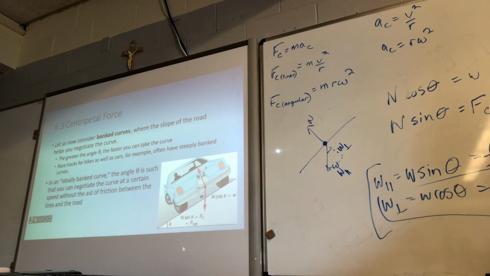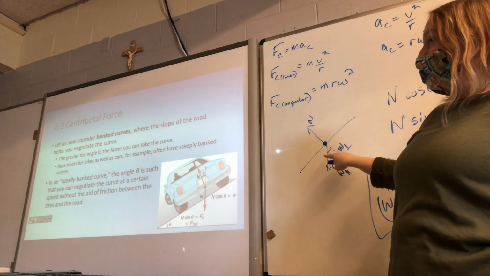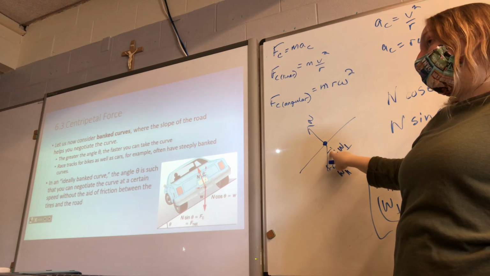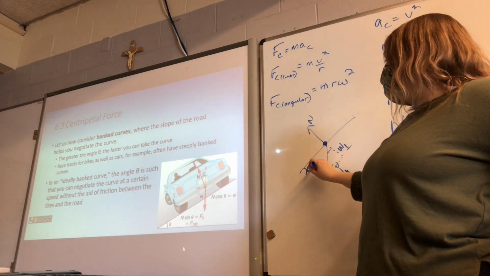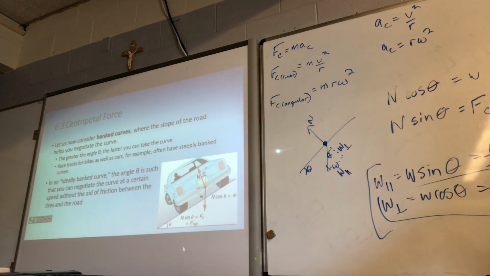Make sense? How did you choose for weight perpendicular to be cosine? I'm looking at this triangle. Isn't cosine adjacent to the angle? Remember that whatever this angle is, theta is the same as this angle. Is there any time that adjacent angle will be parallel?